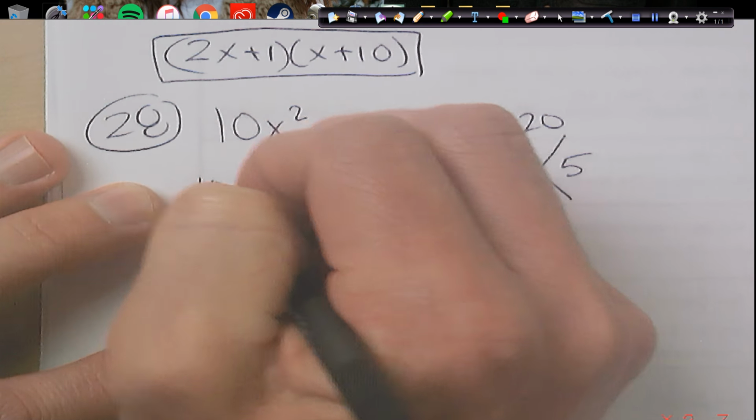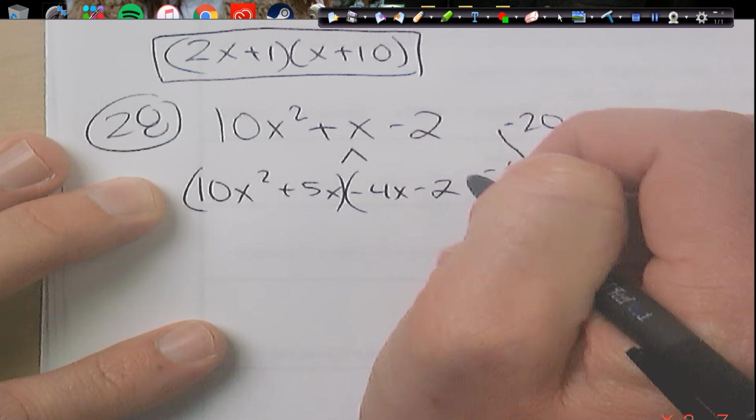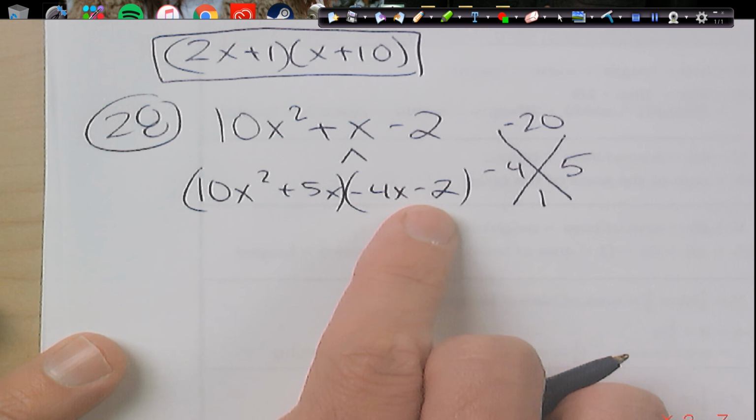So we get 10x squared plus 5x minus 4x minus 2. Again, I position my two numbers with the numbers that make most sense. 5 fits better with 10, and 4 fits better with the 2. Factor by grouping. Notice how I keep the negative with this group, so negative 4x is a part of this.